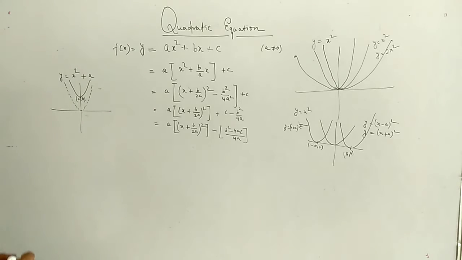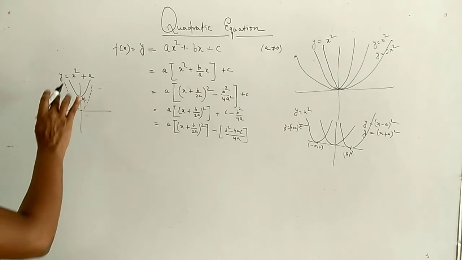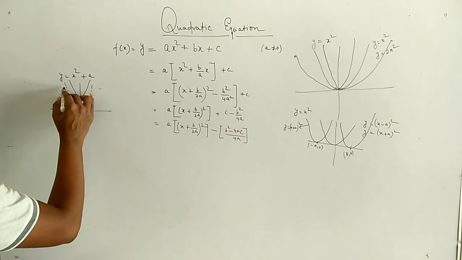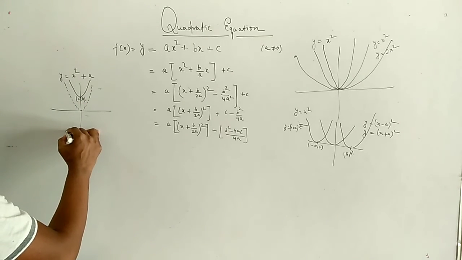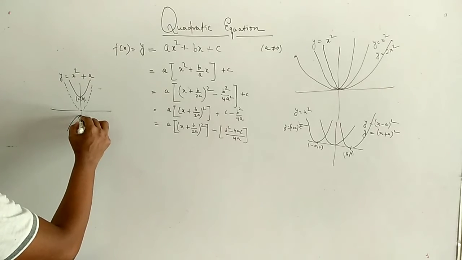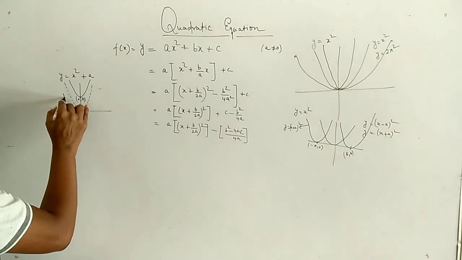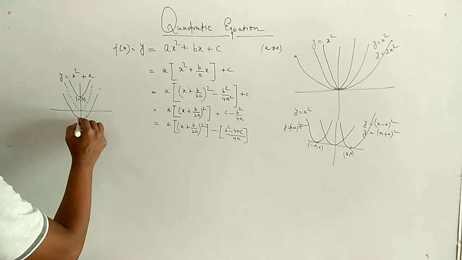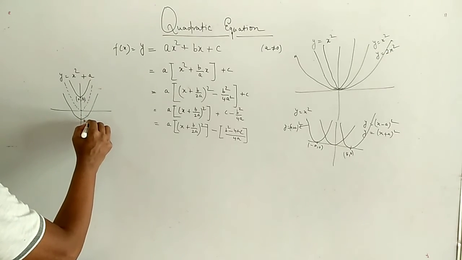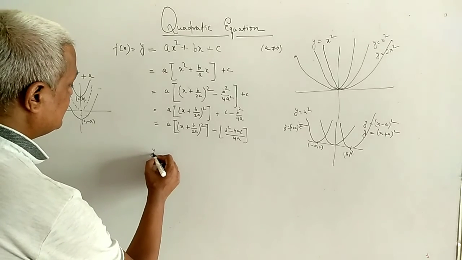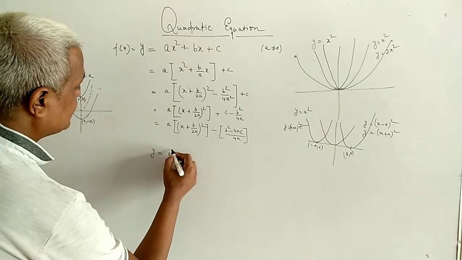If you have y is x square minus a, then because the dotted line is the reference line, the minus a will become like this, and this value will become 0 comma minus a. Now if you have your graph as y equal to x square.